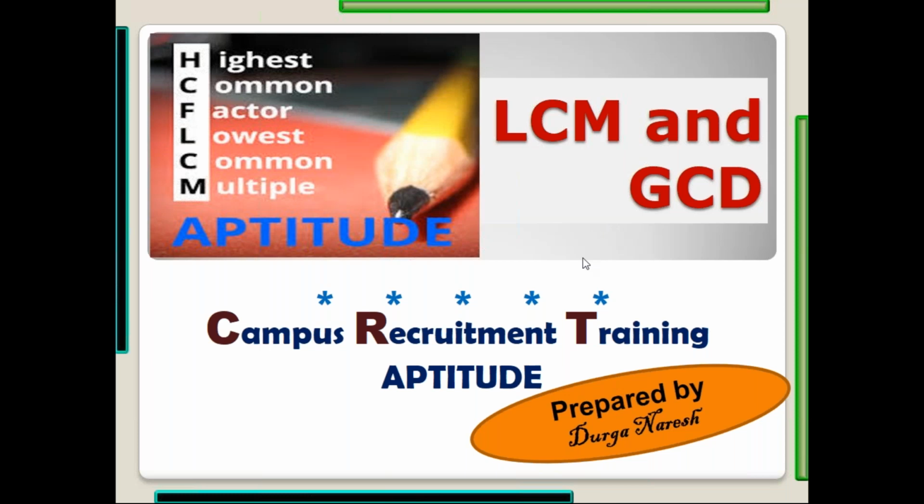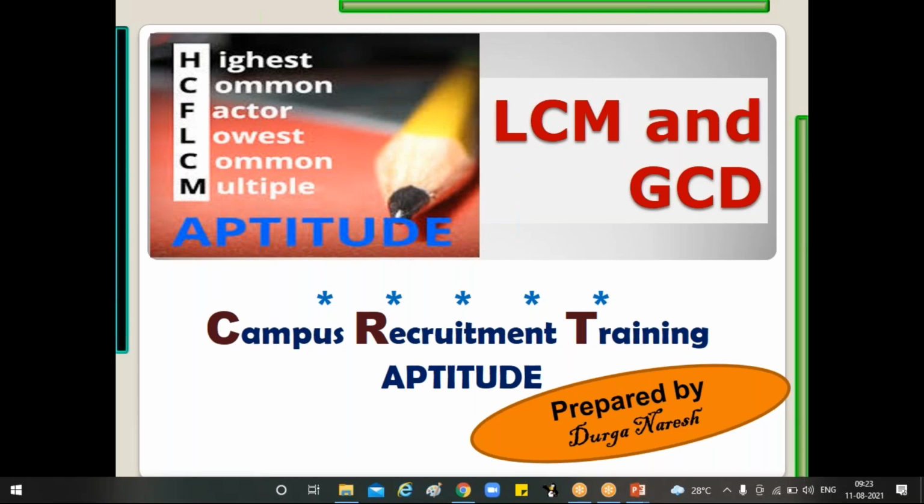Okay. So write down LCM and GCD. LCM means least common multiple.